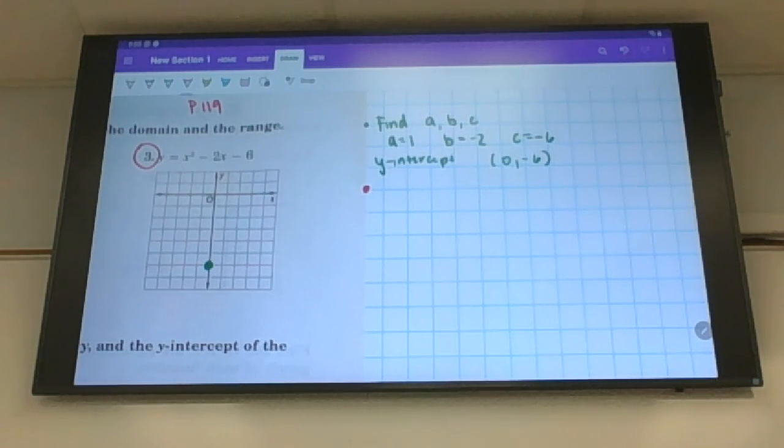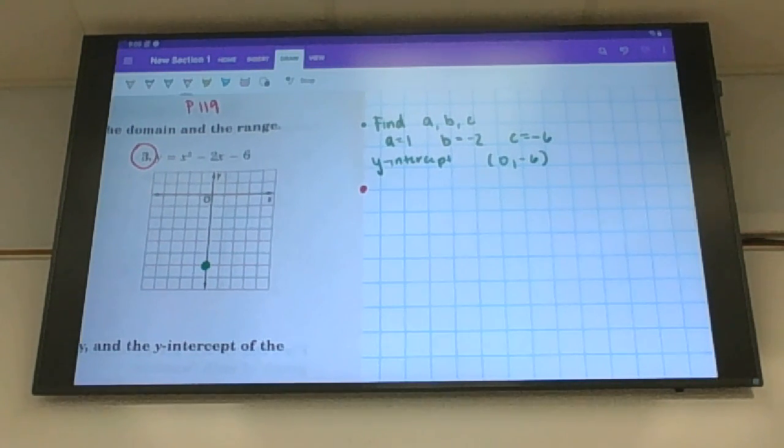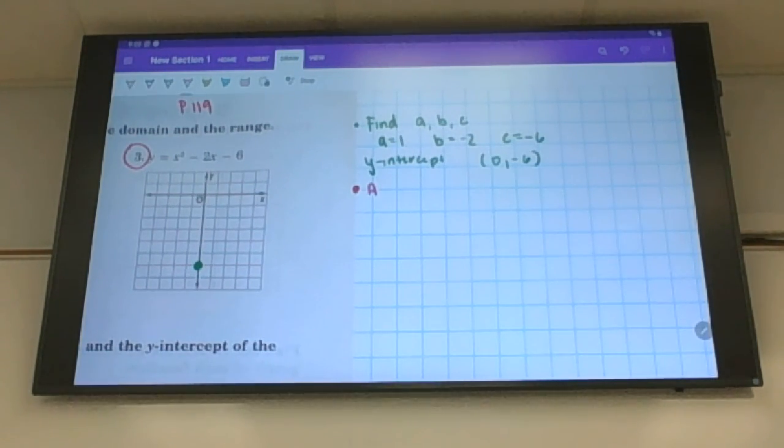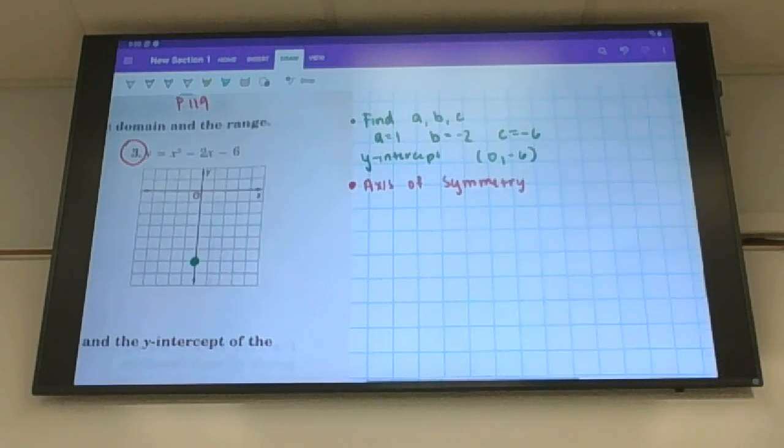Janelle, what are we going to do next after we find the Y-intercept? Axis of symmetry. Janelle, what is the equation? You got to memorize it.